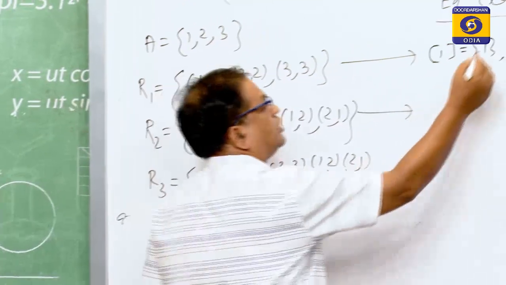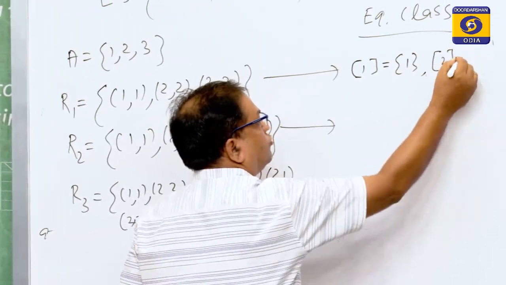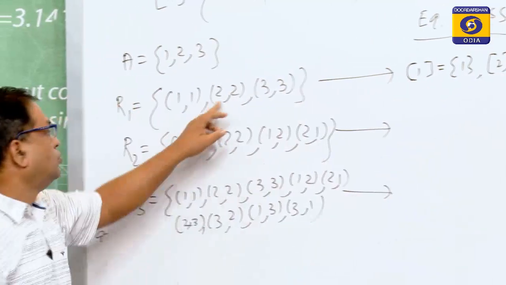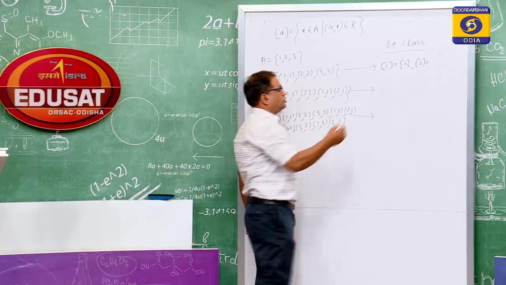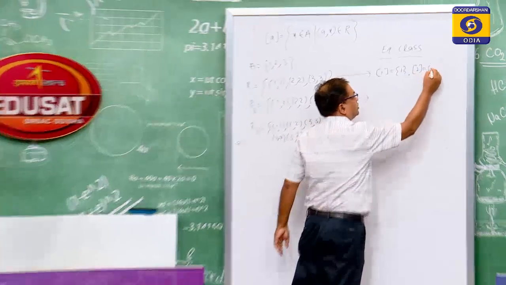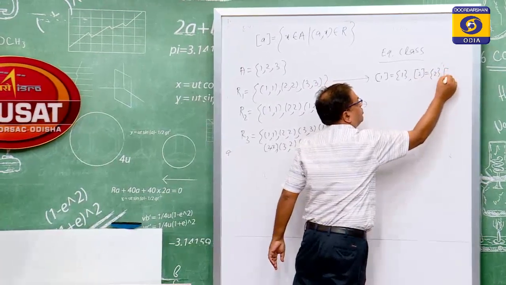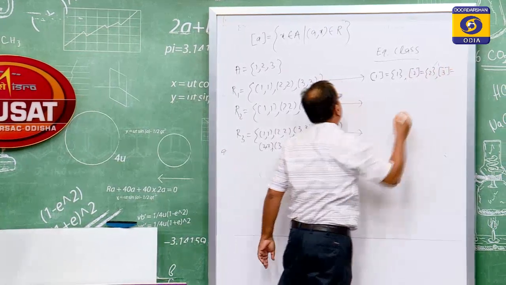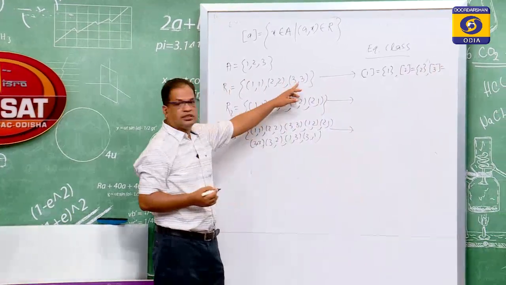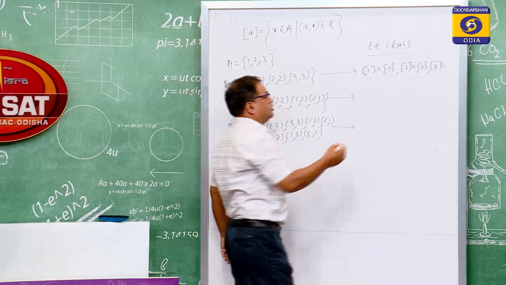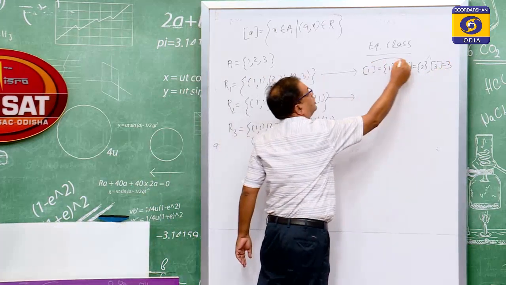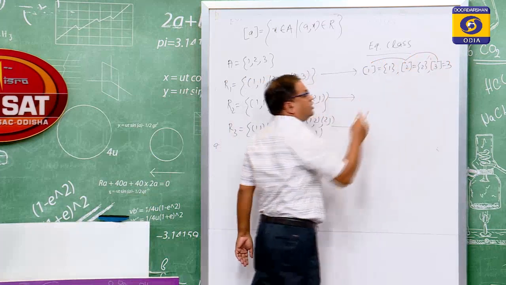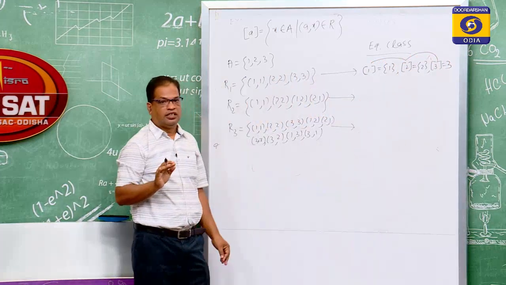Similarly, what is the equivalence class of 2? 2 is related to 2, and 2 is not related to any other element. So, the equivalence class of 2 is {2}. Similarly, the equivalence class of 3 is {3}, since 3 is related to 3. So, what is the number of equivalence classes here? Here we have 3 equivalence classes, each containing a singleton element.